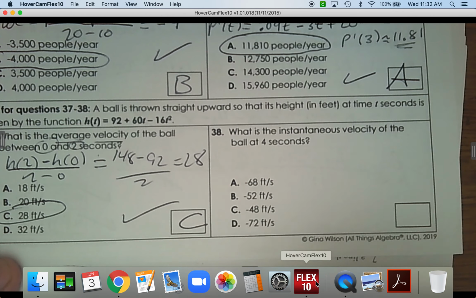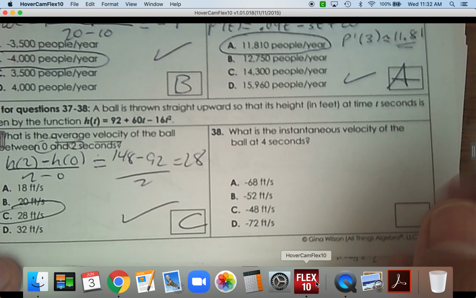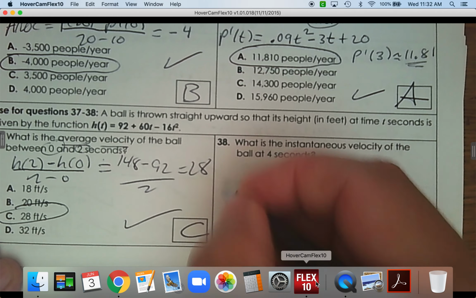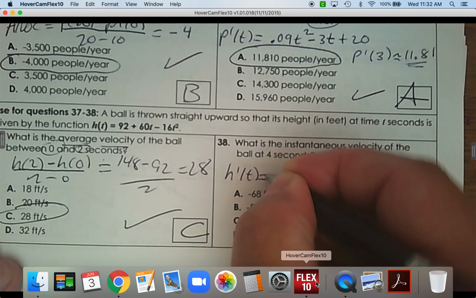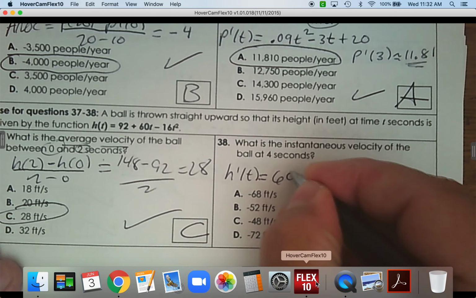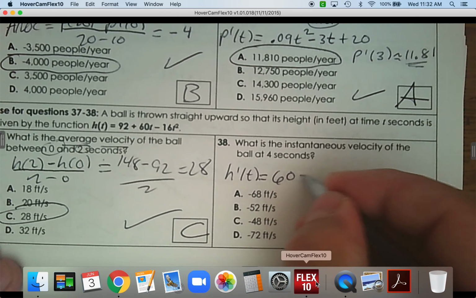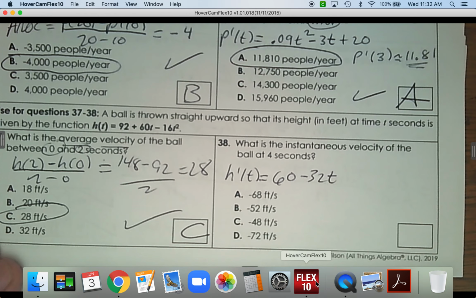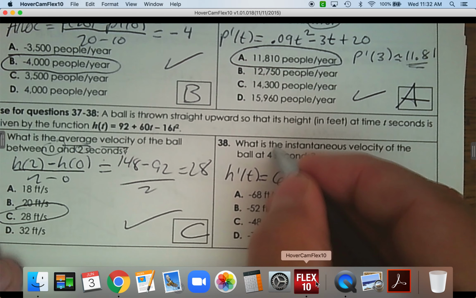Last one, then we'll add it up. So what is the instantaneous? IROC is the derivative. So I need to do the derivative first. So the derivative of 92 is 0, and then we have 60. And then 2 times negative 16 is negative 32t. Then we take that derivative and plug in 4.